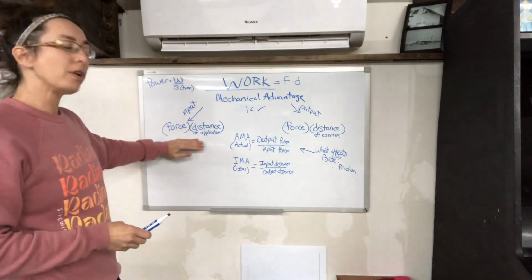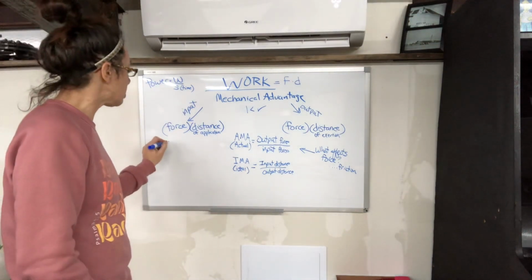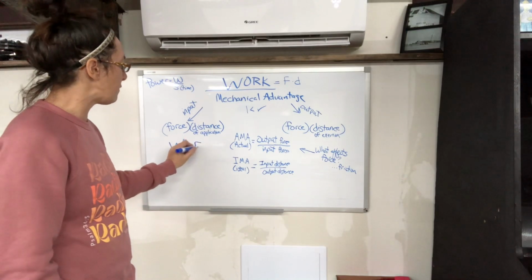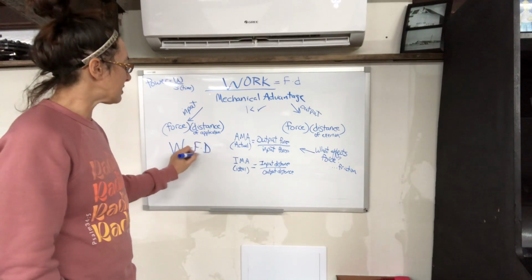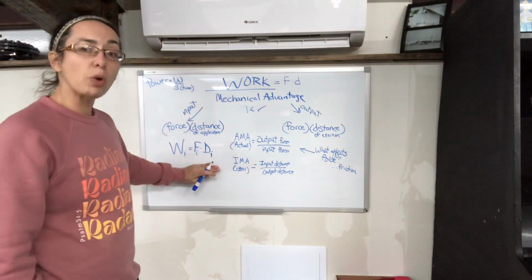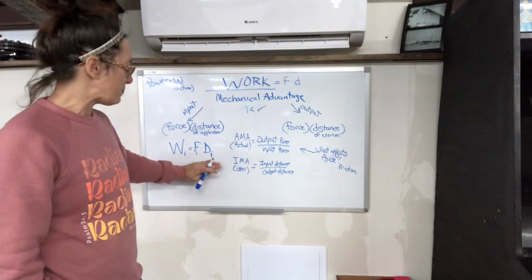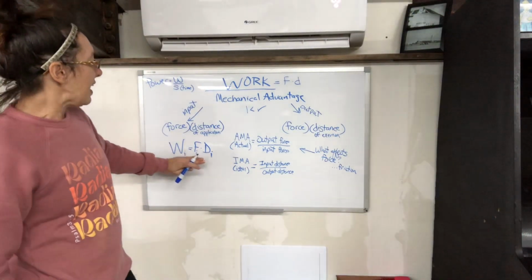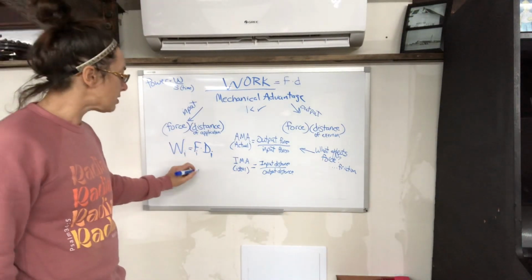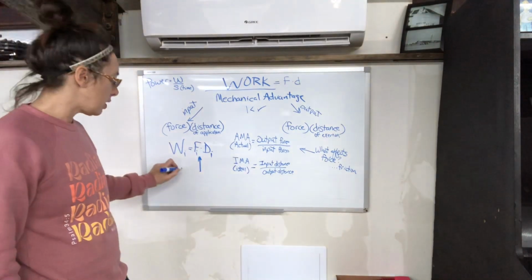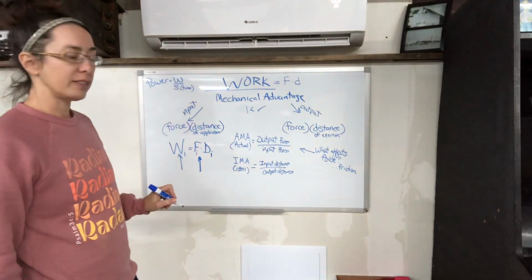The thing that's important to note about this is, since we have our work input and we have force times distance, the force of input and distance of input, this is a direct relationship. And we talked a little bit about that. So if our force increases, then our work must increase.